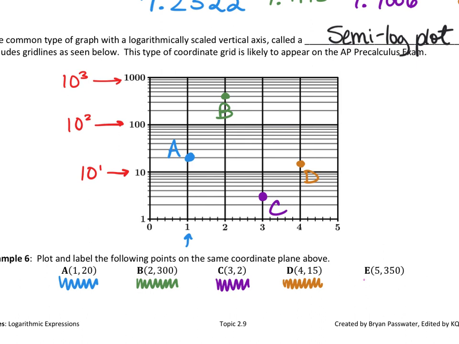So for E, which is 5, 350, it's going to be above the 100 by 3, but halfway between the 300 and the 400. So this is 100, 200, 300, 400, which means this is going to be in between them. Just do your best because I know my marker is bigger than the entire space, but that is letter E. 5, 350, halfway between 300 and 400.